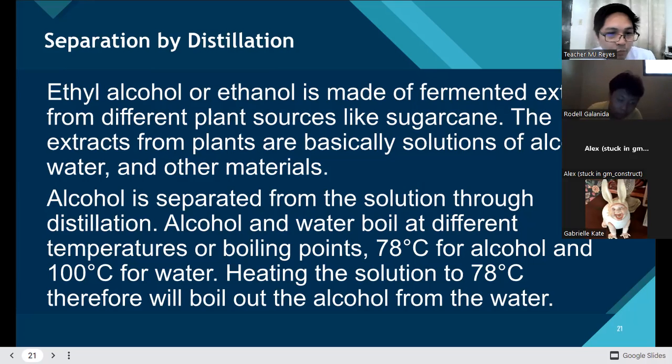If the temperature reaches 100 degrees Celsius, it will let the water evaporate. But because the evaporation point of alcohol is 78 degrees Celsius, when the temperature reaches 78 degrees, you can now collect alcohol. That's how we separate water and alcohol.